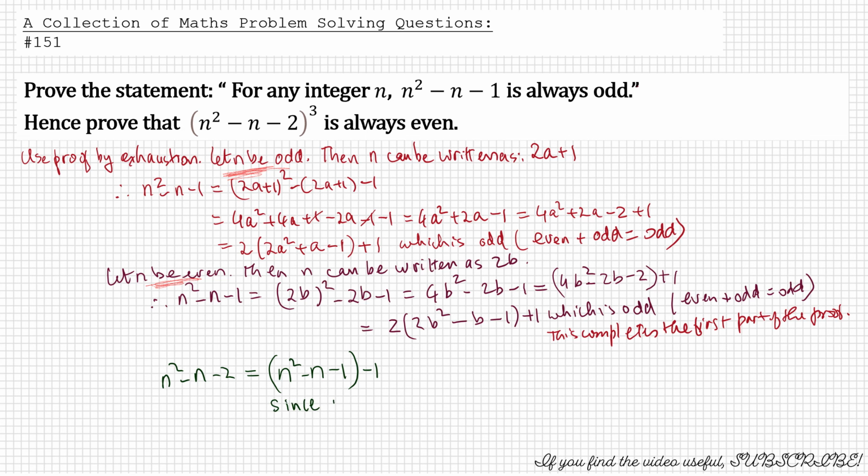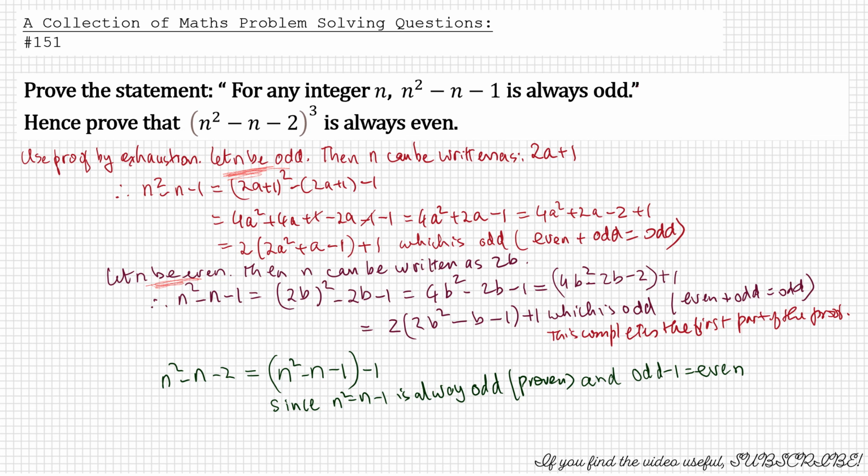So I can write n square minus n minus 1 is always odd, proven. And odd minus 1 equals even. So if you take 1 away from an odd number, you would get an even number.